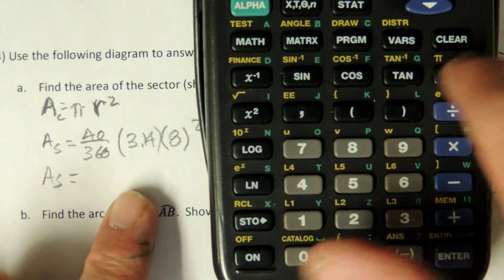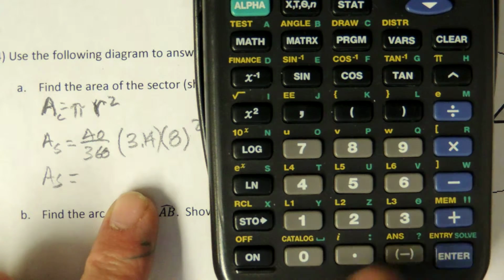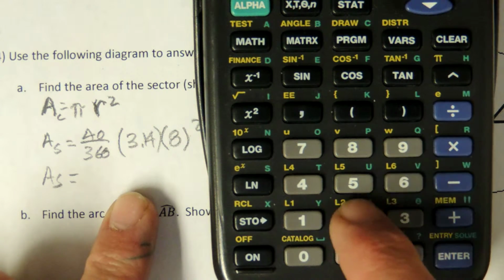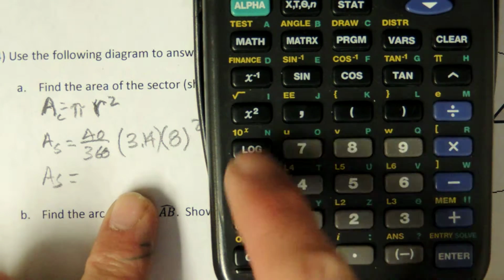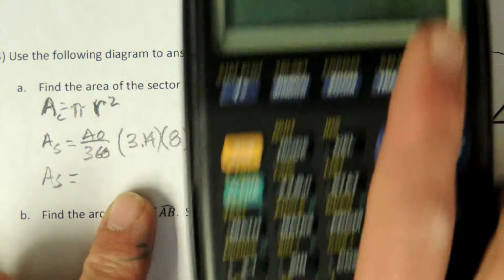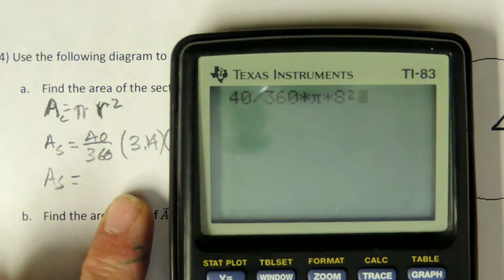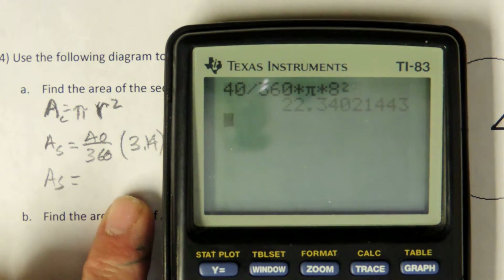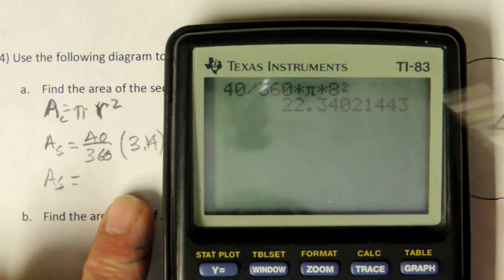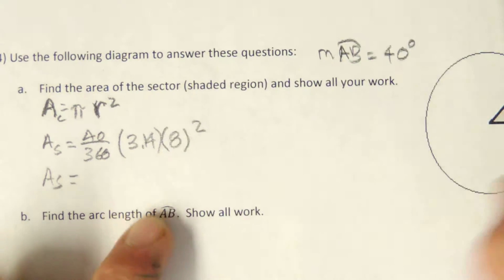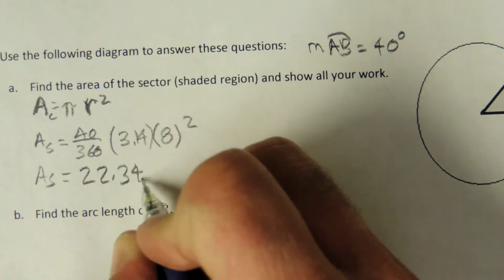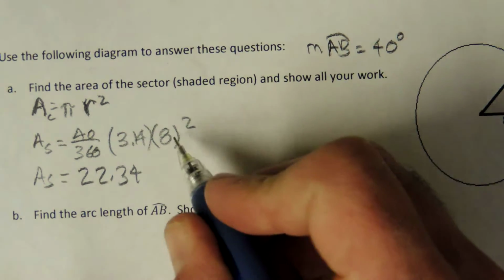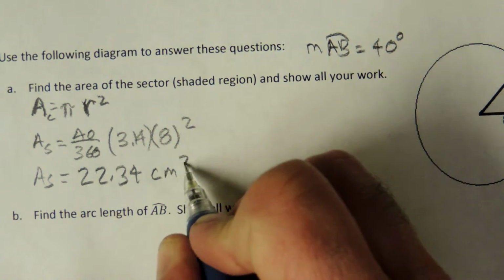Second function pi times 8 squared. And if I look at that, I get 22.34. And since my radius was in centimeters, this is centimeters squared.